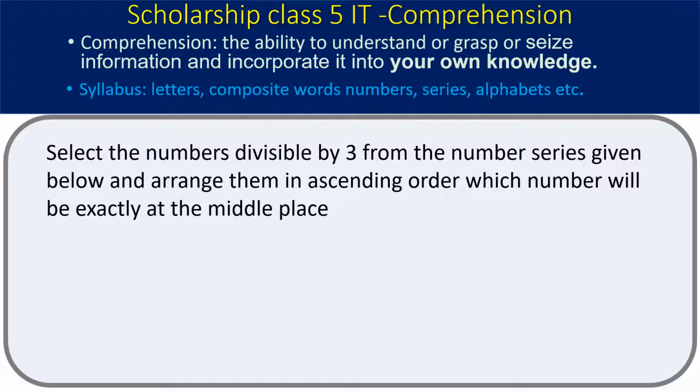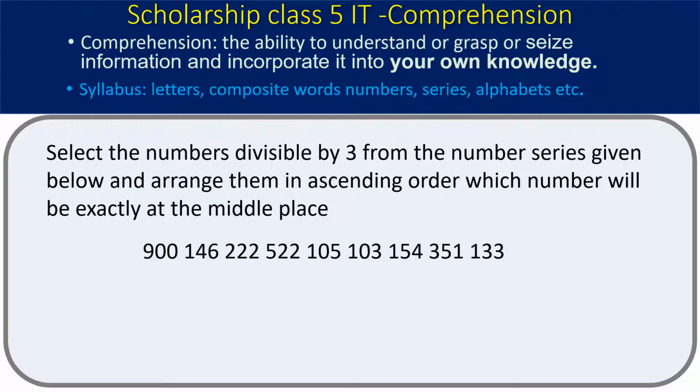When it comes to divisibility by 3, we know that if the sum of the digits of the given number is divisible by 3, the number is divisible by 3. For example, these are the numbers given.